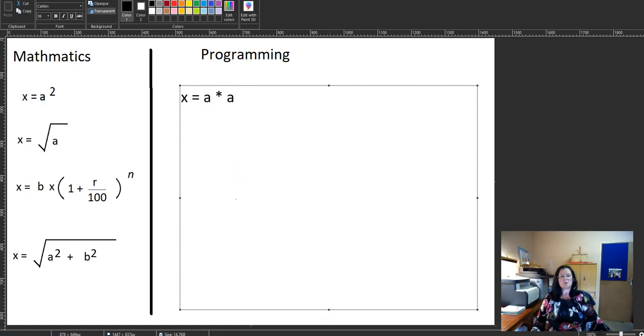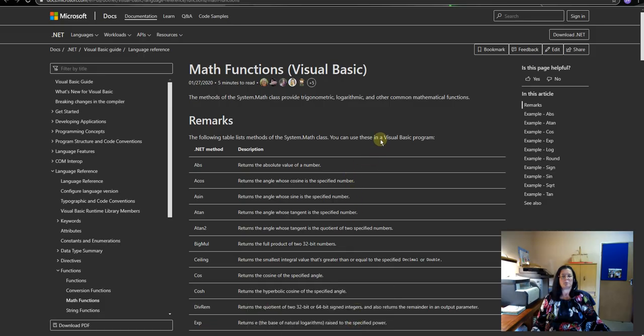So in programming, very often mathematical functions are provided to us, and over here I've got the mathematical functions for Visual Basic. I'll show you how to look that up. There are quite a few common mathematical functions provided to us. There's a list of all of the things, but I'm going to concentrate on only 1 or 2 important things.